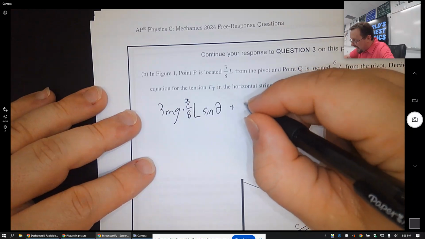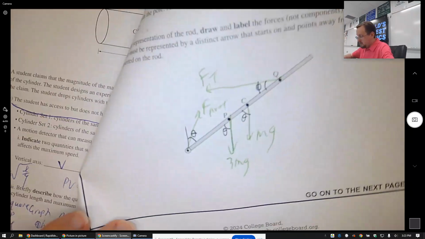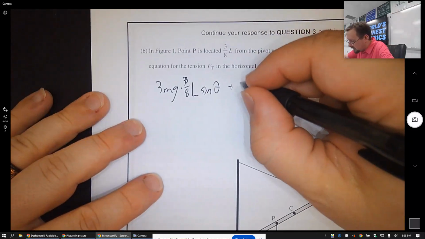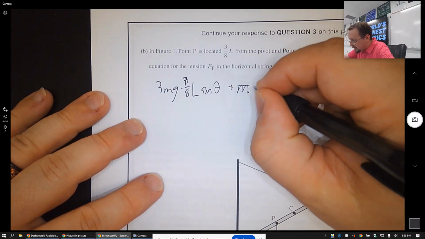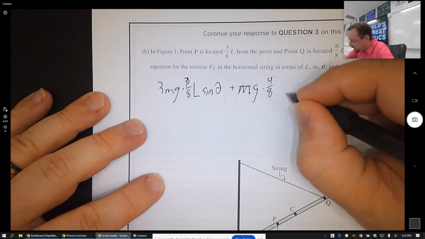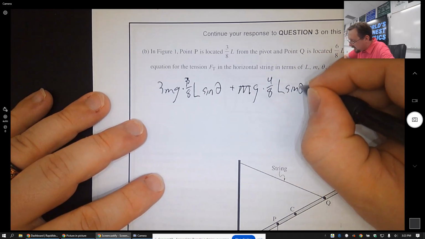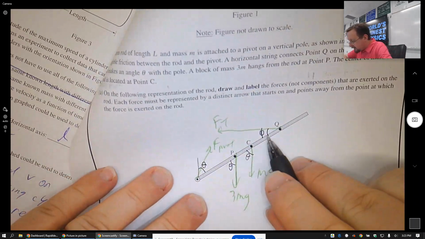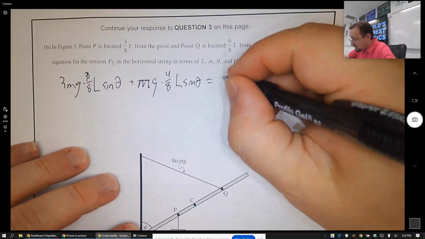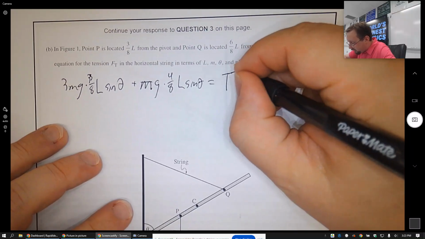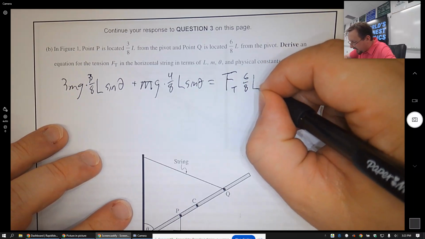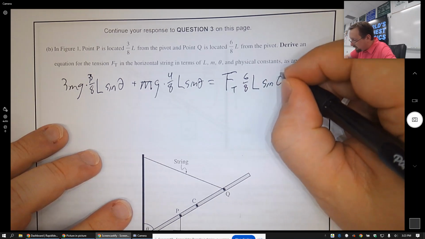And then we're going to have the 1 mg acting at 4/8. I mean, why not? When in Rome, don't reduce fractions. Mg times 4/8 L times sine of theta. And then balancing on the other side is going to be tension, force tension, acting at 6/8 of the length, sine of phi.